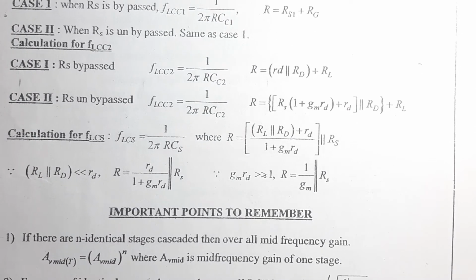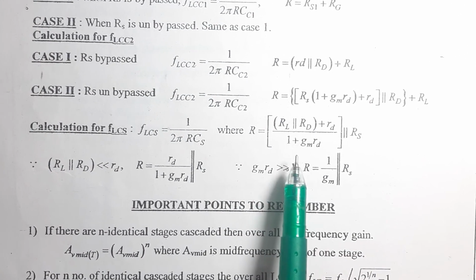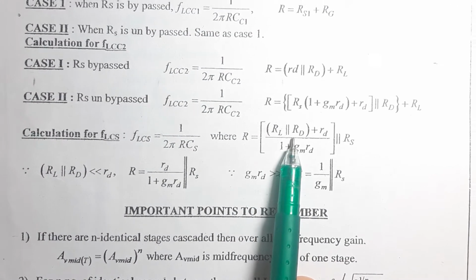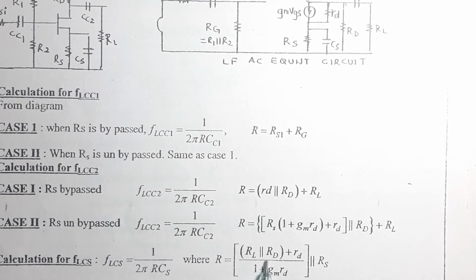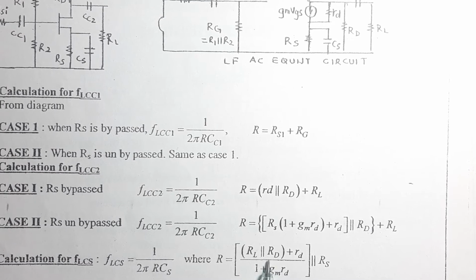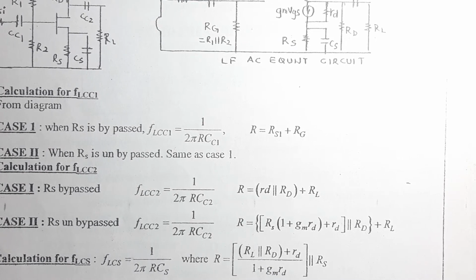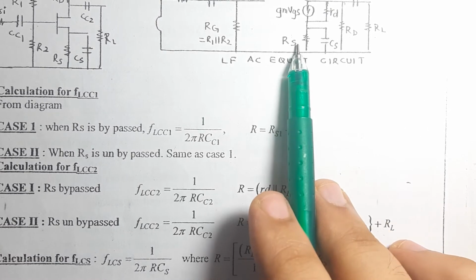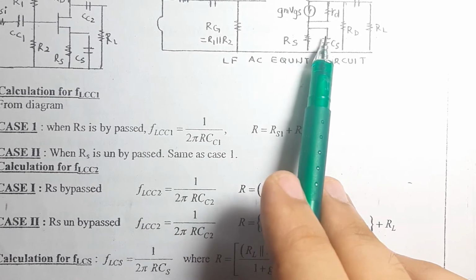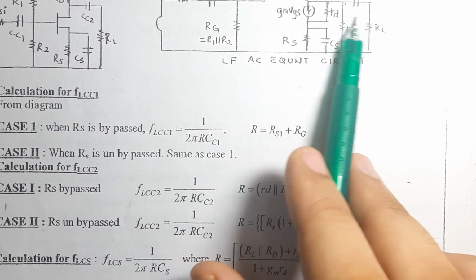So the formula is written over here. I'll keep it with the diagram so that it becomes easier. I hope the diagram is visible over here. Now your RL is parallel to your Rs over here, the entire configuration over here.